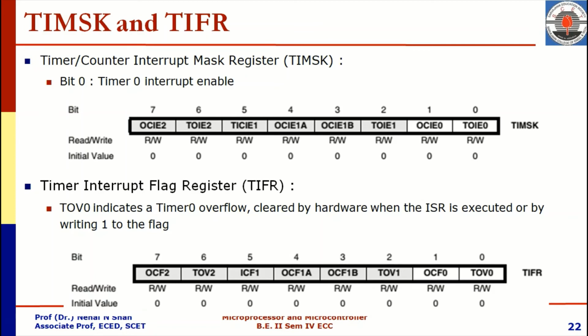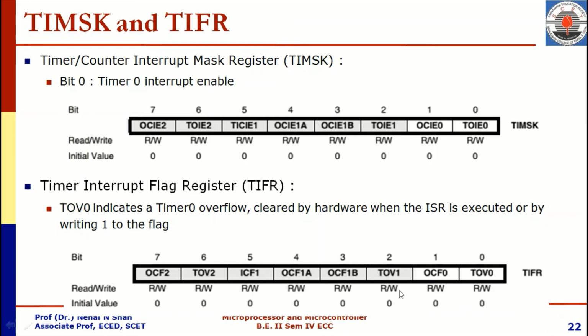TIMSK and TIFR registers are common for all three timers. TIMSK is the timer counter interrupt mask register. Over here we can observe that bit 0 and bit 1 are for timer 0, the middle 4 bits are for timer 1, and bit 6 and bit 7 are for timer 2.